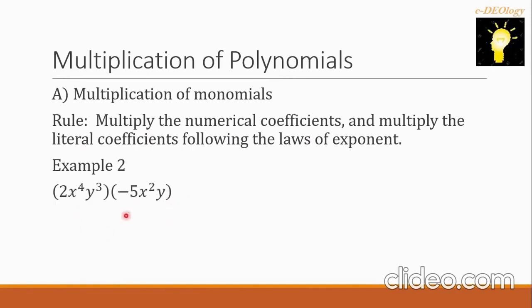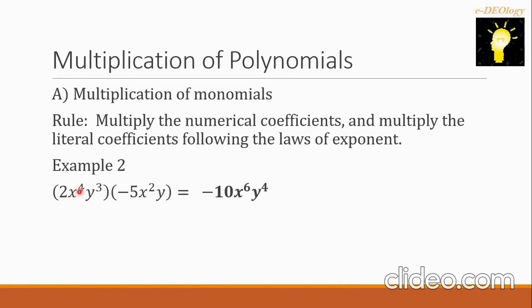Second example, 2x raised to 4y cubed times the negative 5x squared y. So the parenthesis here denotes multiplication. So we will multiply the numbers, the 2 times the negative 5, we will get negative 10.